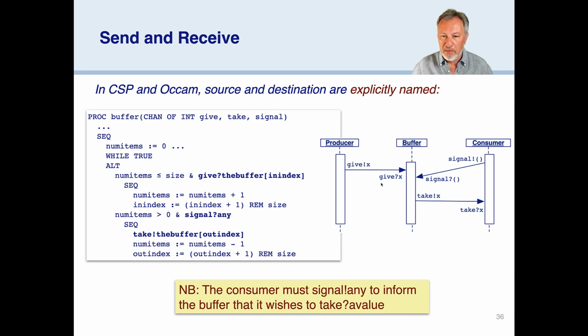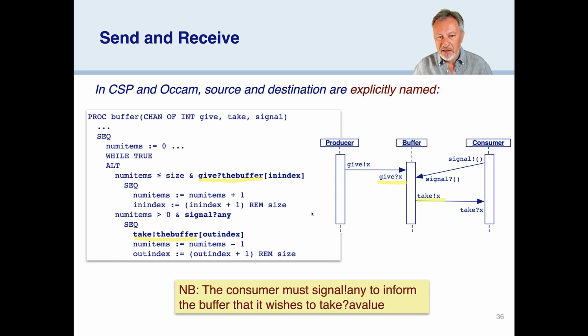Here's the buffer, and the buffer at a certain point is willing to receive a value from a producer, and then a short time afterwards it's willing to produce that output for a particular consumer.